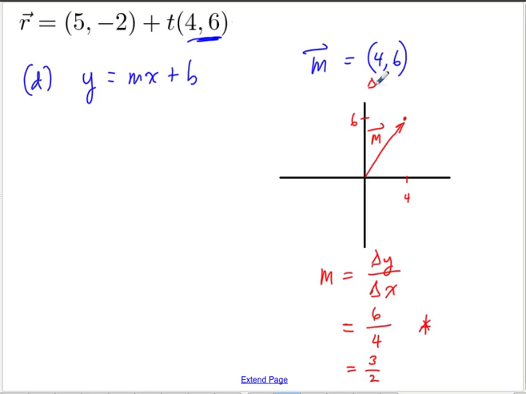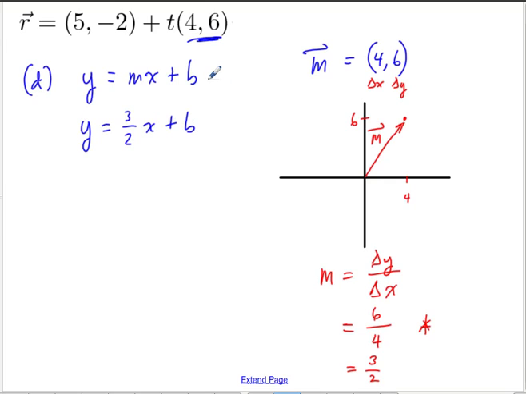Notice that that matches our x and y coordinates. If we think of our delta x and delta y for our direction vector, we get the slope. So that means my equation is actually y equals 3/2 x plus b.